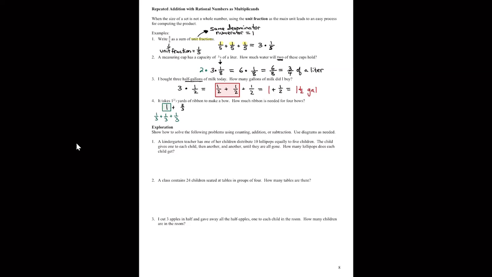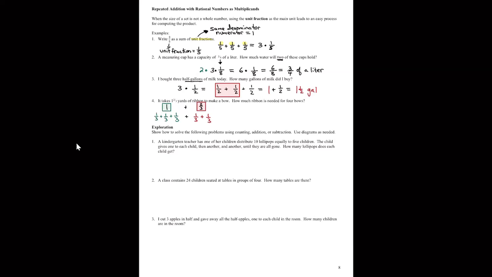That 2/3, I can hang on to that in its current form, or I could write that as a sum of unit fractions. I'll create a little bit more spacing here. Red for those keeping score at home. So I'd be saying 1/3 plus 1/3.